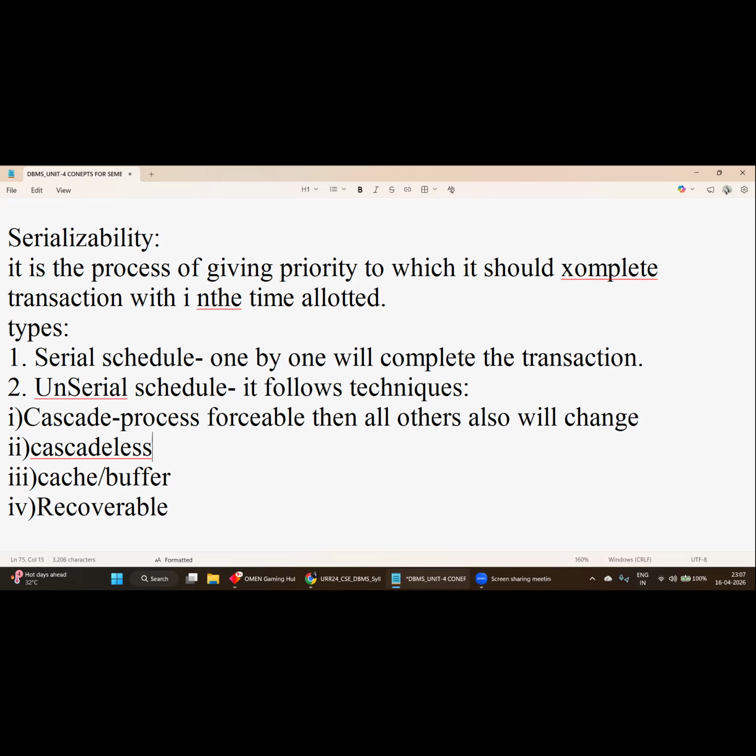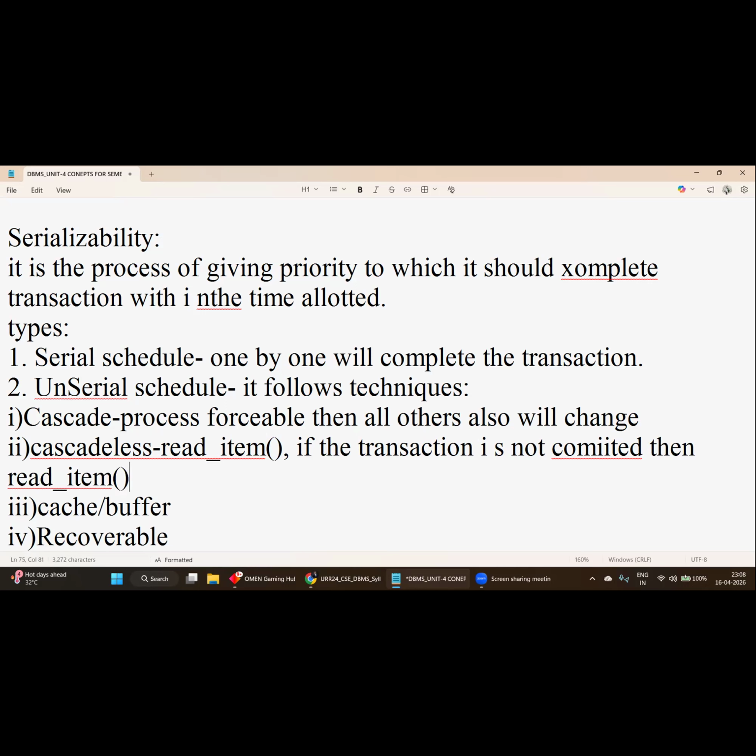Okay. Cascadeless means, we have discussed read item and write item. Now, if we take a transaction T1, if read item is written at the start, and if the transaction is not committed, then read item is not allowed to read the value.